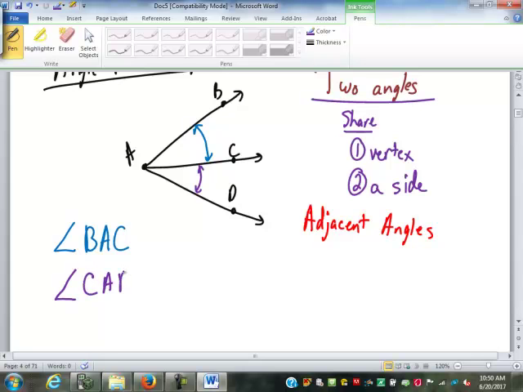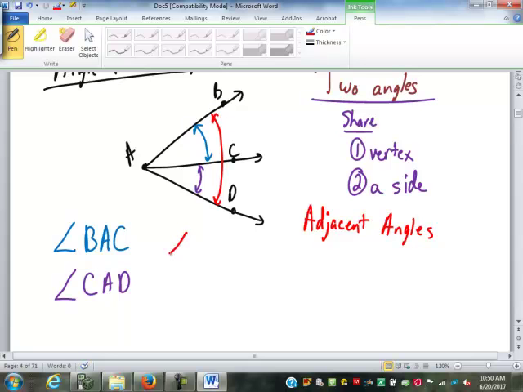CAD or DAC. Perfect. If those are the 2 angles, then side AC is the shared side. But it wouldn't have to be, because there's actually another angle formed here.